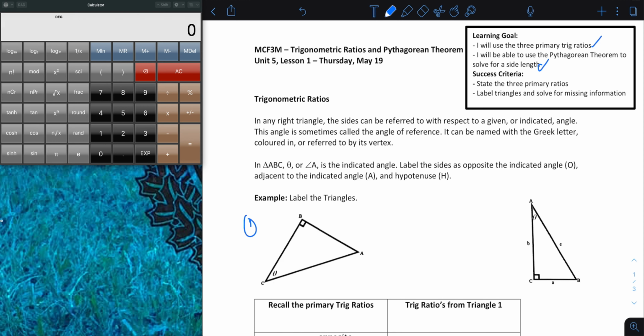We typically label the corners, or vertices, of the triangle with capital letters, and the opposite side lengths of the angles are labeled with the lowercase letter. So this is going to be little c and this is going to be little a. You can see it here already done, which is nice.